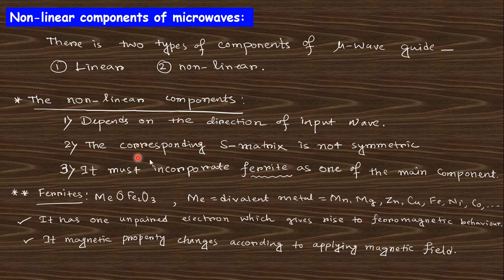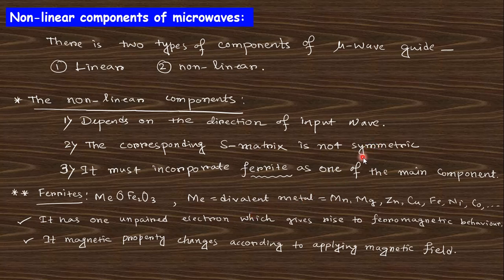Next, the corresponding S matrix, that is the scattering matrix, is not symmetric. In linear components we know this was symmetric, but in the non-linear case it is not symmetric, and it must incorporate a ferrite as one of the main components to behave as non-linear, so that the S matrix is not symmetric, that is antisymmetric.